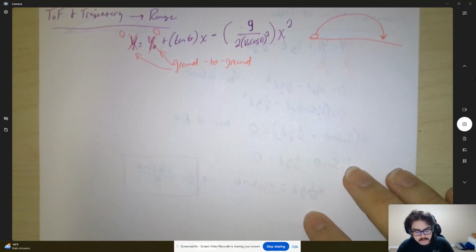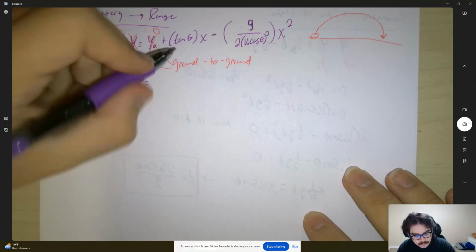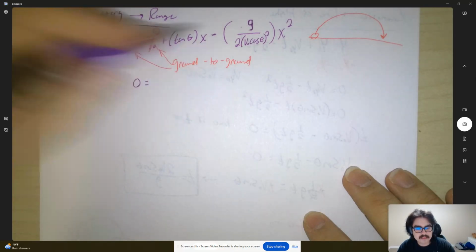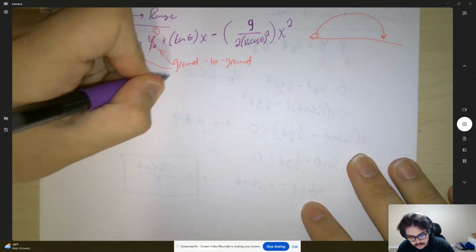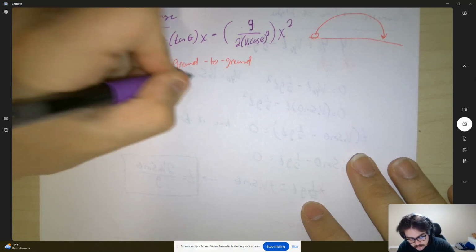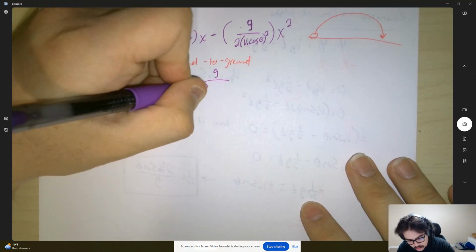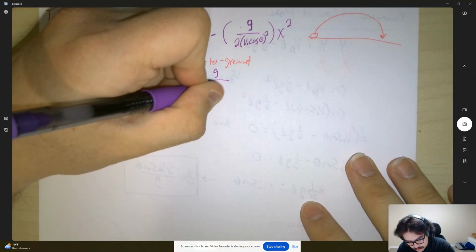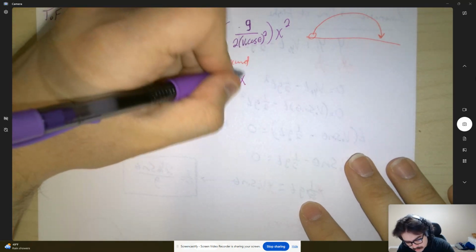So this ends up being 0 equals tangent theta of x minus that. If I factor out the x's, then this is going to look like tangent theta minus g over 2 v naught cosine theta squared, times x.